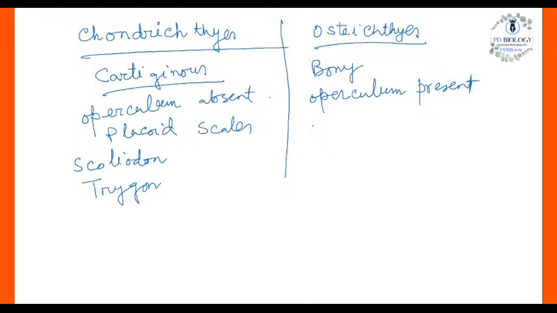The scales are made up of cycloid and ctenoid types. The previous group does not have an air bladder, but they have an air bladder that provides buoyancy.